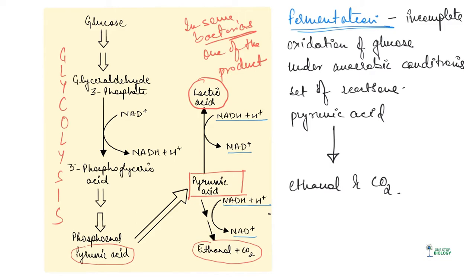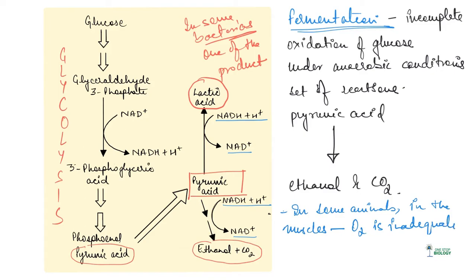So basically in some animals, in the muscles, sometimes when oxygen is inadequate, this pyruvic acid is converted to lactic acid.